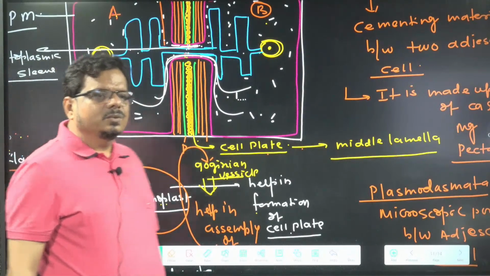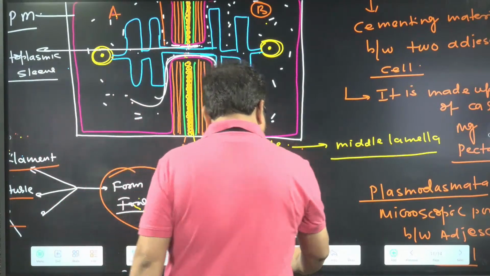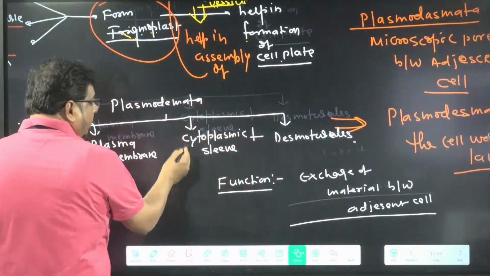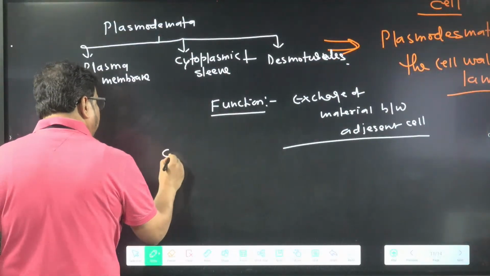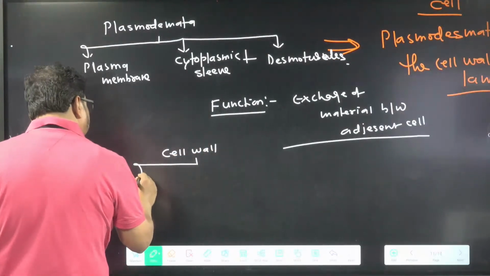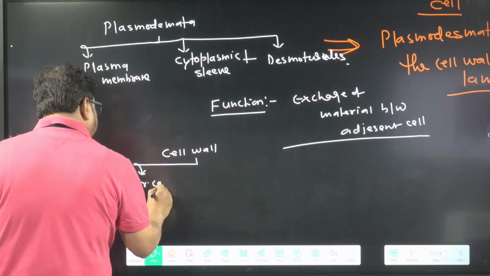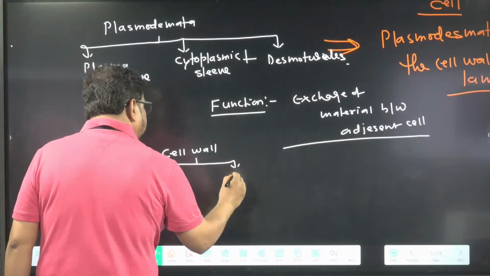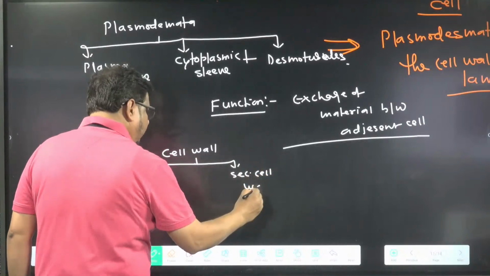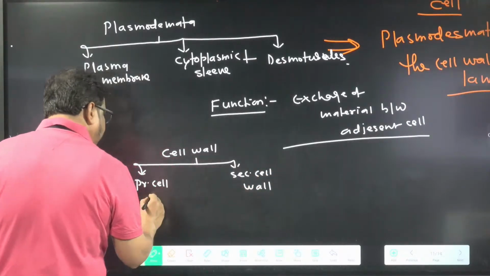Understanding the idea? So now I am going to tell you about the basics of the cell wall. Middle lamella I already told. So about the cell wall, I am telling about primary cell wall, secondary cell wall, and tertiary cell wall.